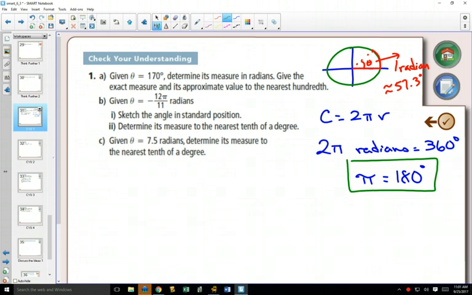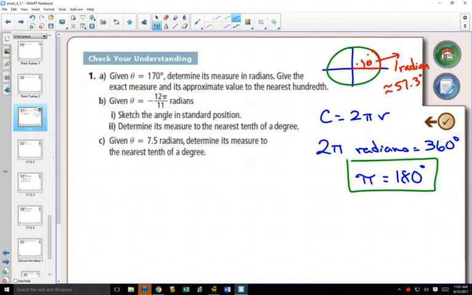So we use a degree sign to say that we're using degrees. We don't have any sign when we're using radians. And so I think when I wrote this statement, it can be very misleading because it looks like 3.14 is 180 degrees. You need a unit with that. 3.14 radians is 180 degrees.